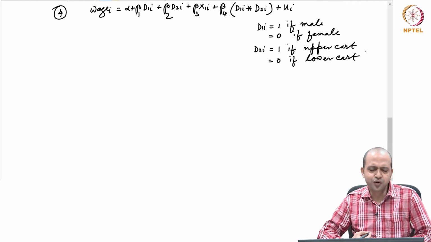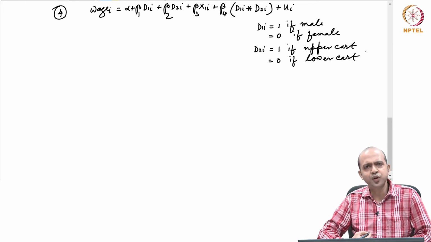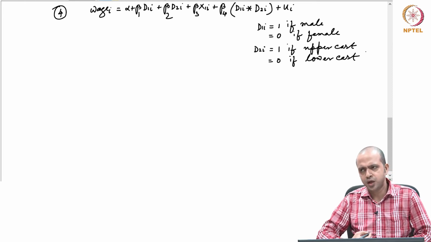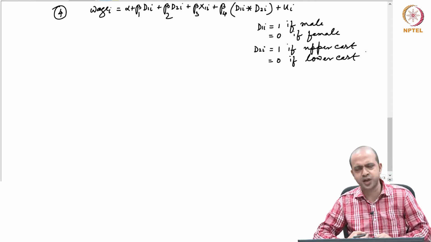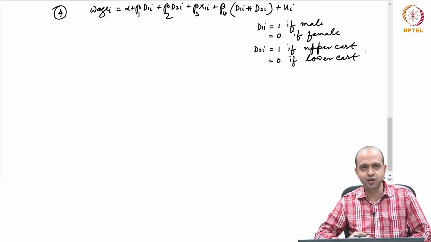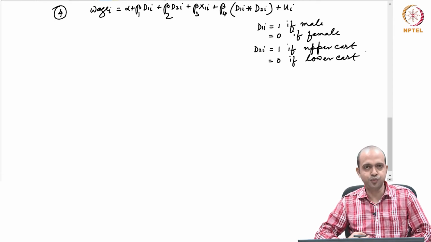And what is the rationale for this? Maybe we are hypothesizing that the male-female difference in wage is a little lower for the upper caste, because in the upper caste female workers, because of their empowerment or higher bargaining power, could reduce the gap between the male and female labor force. While for the lower caste, females, because of their lower empowerment or lower bargaining power, are not able to do so.